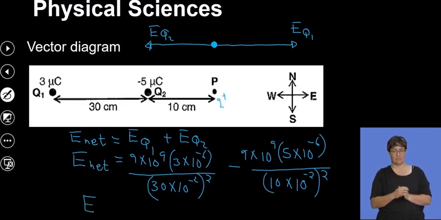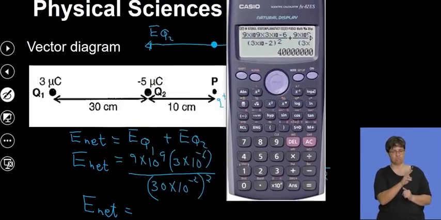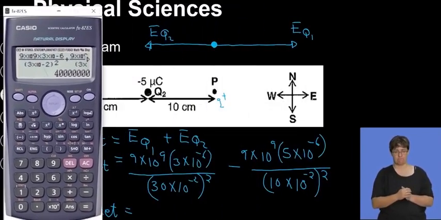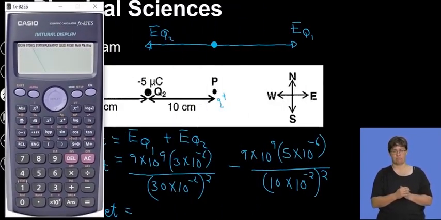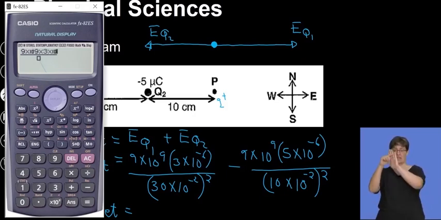So our E net, in this case, becomes, then we can go to our calculator, right? From our calculator, we are immediately able to say, okay, there are two sides to it. It's going to be 9, or we put that fraction because that's what it is, a ratio. 9 times 10 exponent 9, which is the K, multiplied by 3 times 10 negative 6, which is actually the magnitude of charge of Q1, okay?